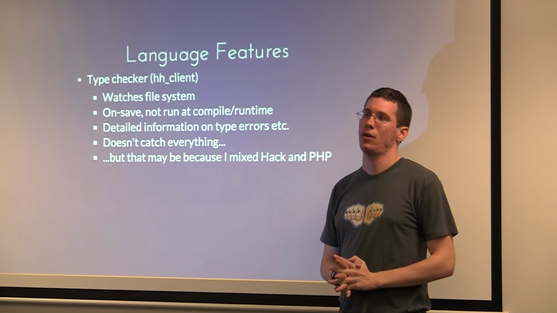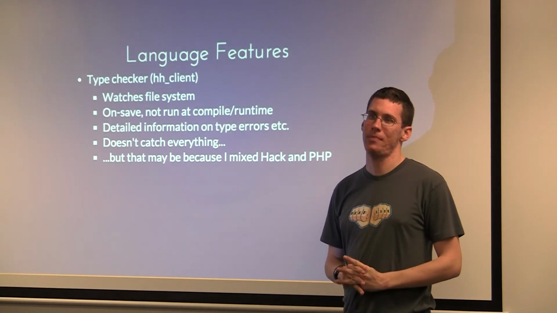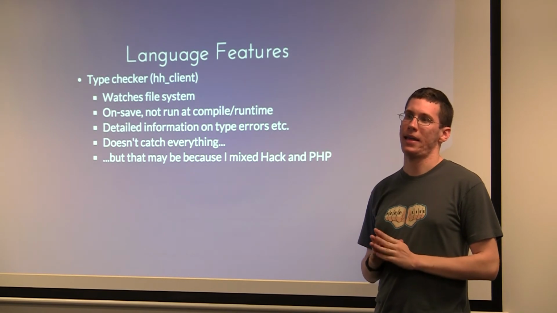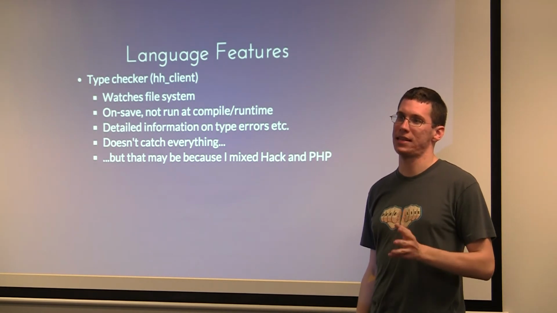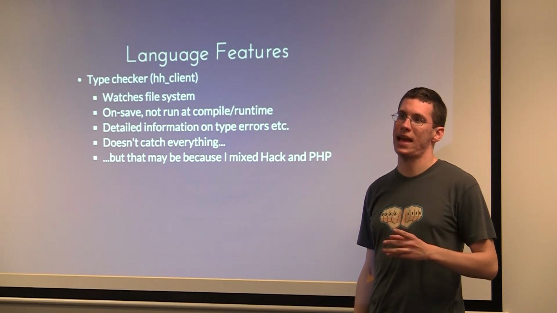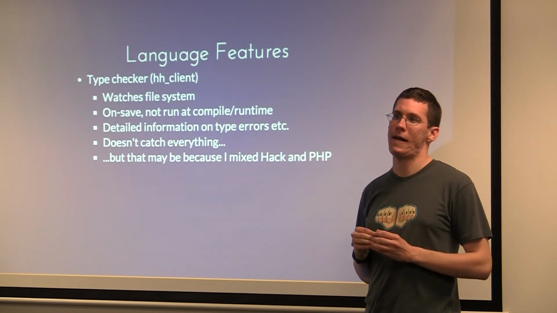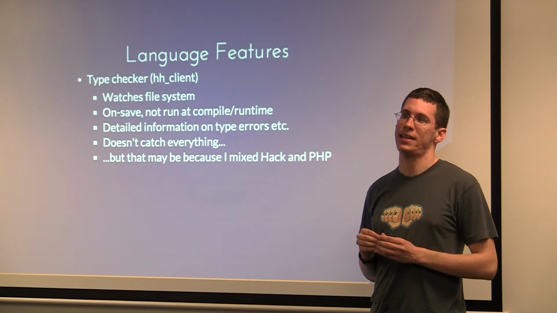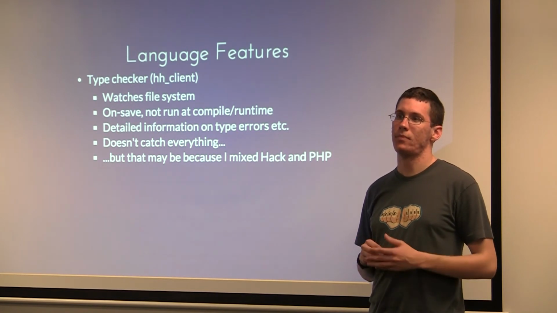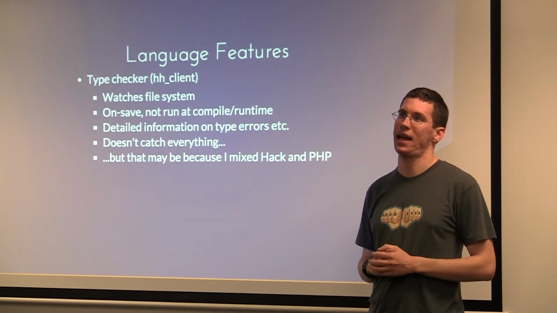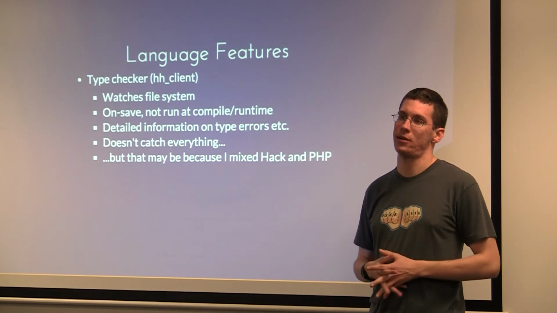HH_client, which comes bundled with HHVM, is a way to, in near real time, on file save, check your code, say, oh, wait a minute, there is a type error here, or there's a syntax error there, and resolve that as you're editing rather than waiting until runtime and saying, oh my gosh, this thing actually doesn't parse.